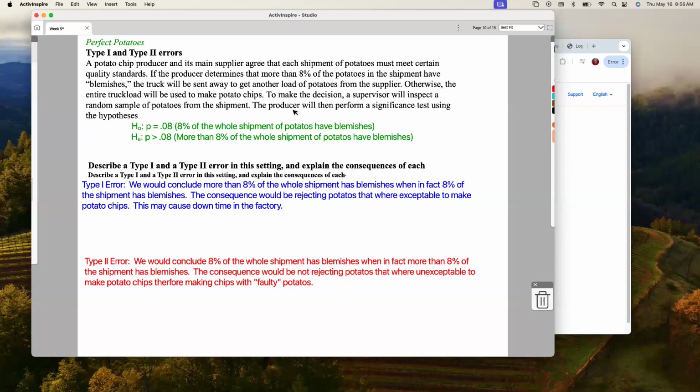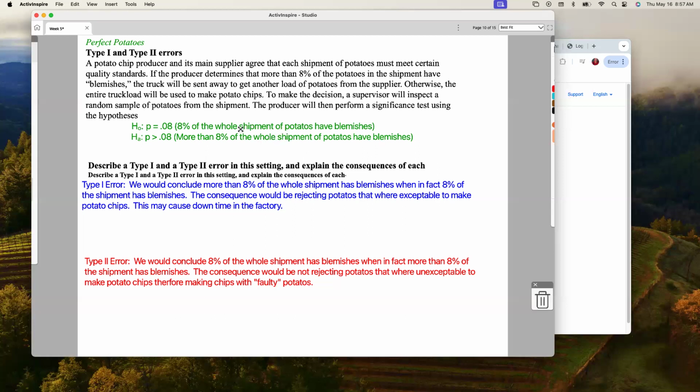It's full of potatoes. We're willing to accept 8% having blemishes, because blemishes are something that make the chip look bad, but don't really make it unsafe to eat. And so we're either going to accept that truckload or not. We don't have time to look at every single potato, so what we do is take a sample and run this hypothesis test, which I addressed in the last video.